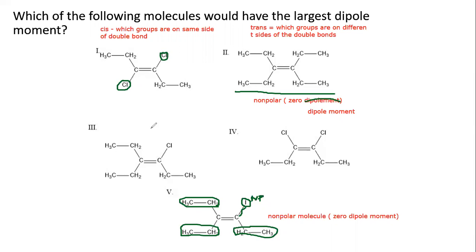In number 3, we only have 1 chlorine atom. And in number 4, we notice that the 2 chlorine atoms are on the same side of the double bond. And remember that the dipole moment is pointing towards the chlorine.